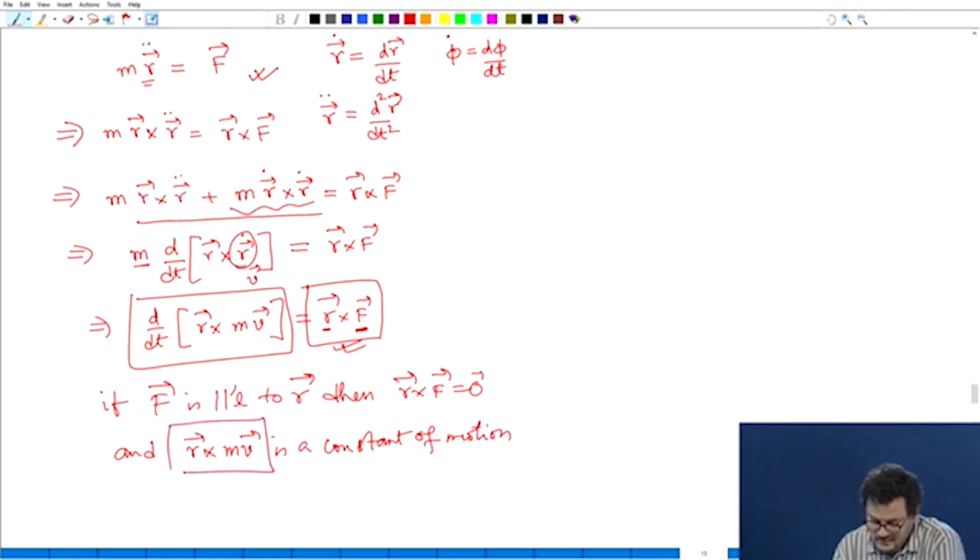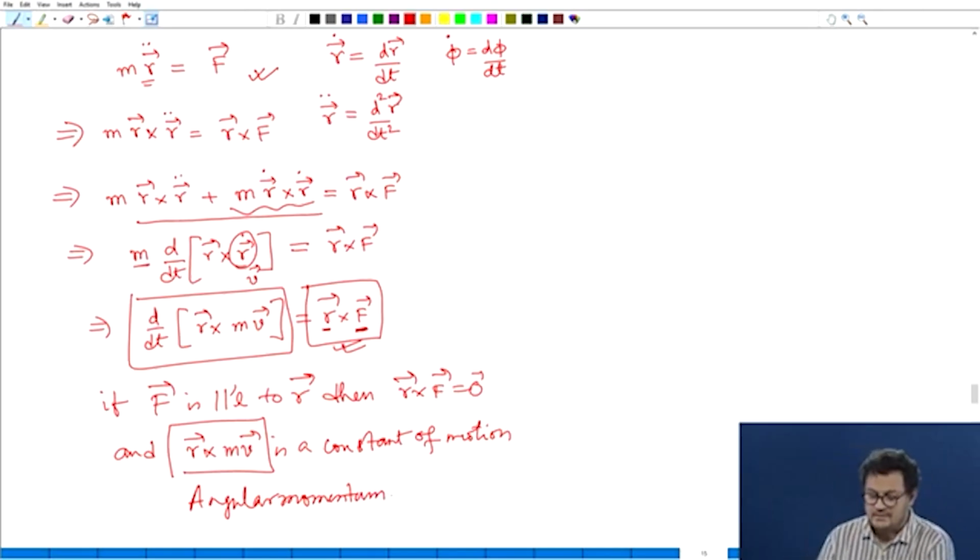This quantity is known as angular momentum. So, this is another conserved quantity, and you again see that although this is a vectorially conserved quantity, it does not have time explicitly appearing. So, this is also an integral of motion in a sense.